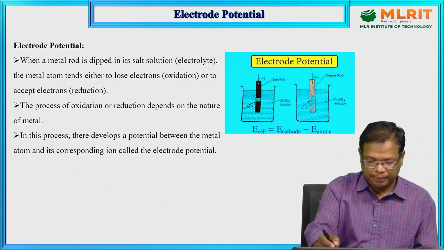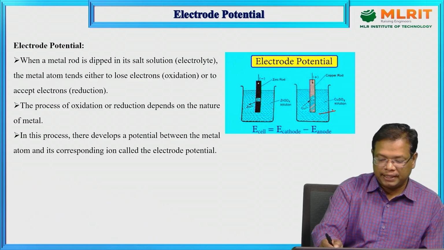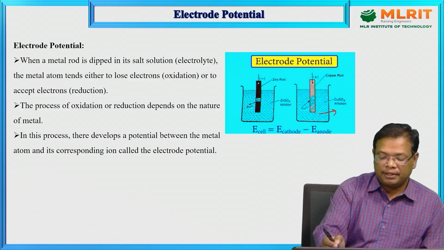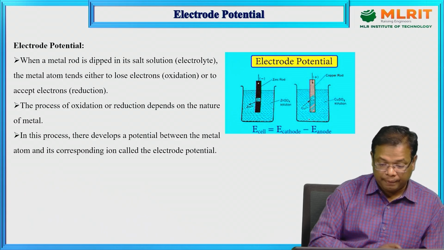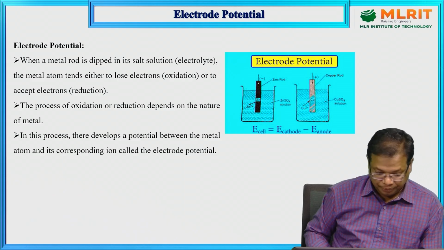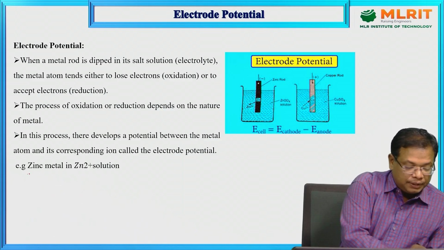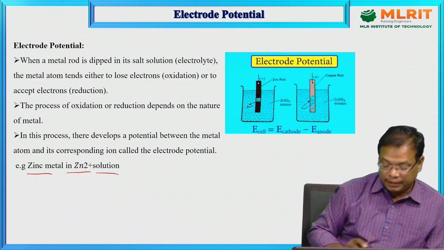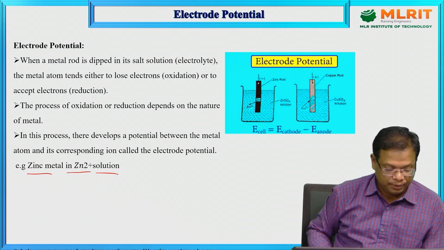If you look at copper sulfate as the electrolyte, with a copper rod dipped in it, you can find out the electrode potential. Zinc metal in zinc 2+ solution, copper metal in copper 2+ solution.